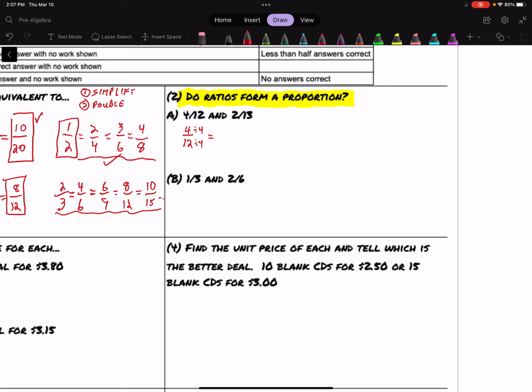And 4/12 simplifies down to 1/3. And then I look at the other one, that simplifies it, so it is as simplified as it gets. And those two values are not equal, thus it's not a proportion.